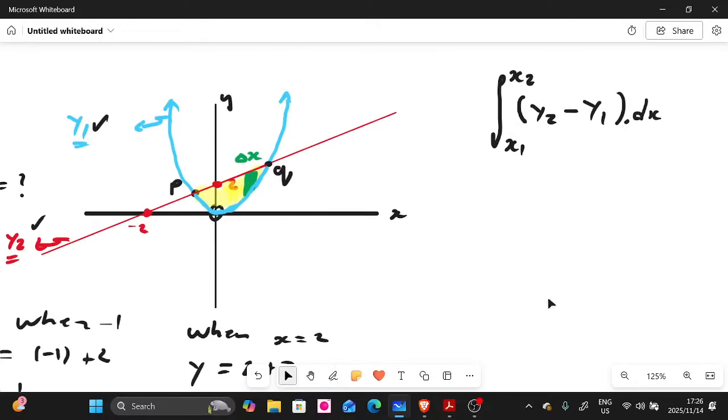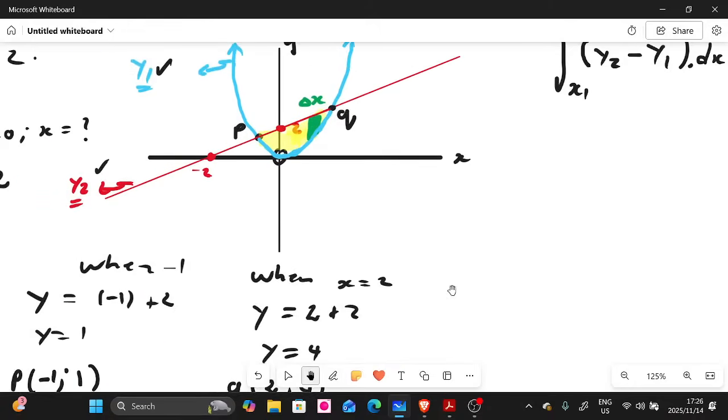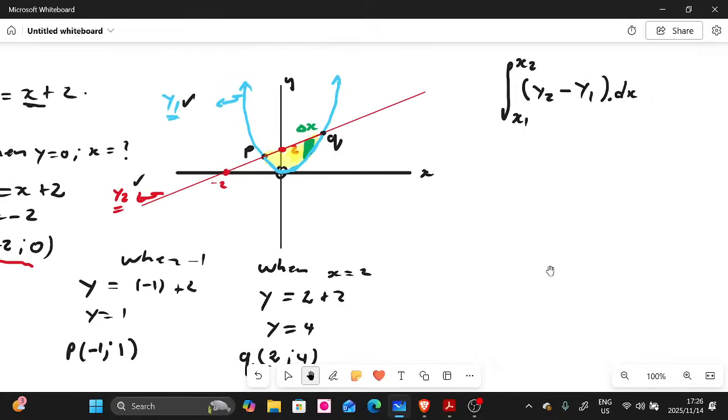Now that I explained that, the limits. Let me zoom down now. Let me explain the limits. As you can see, we have the upper limit there. I never wrote which one it is. I wrote x2 there, and the lower limit is x1. These are just representative.